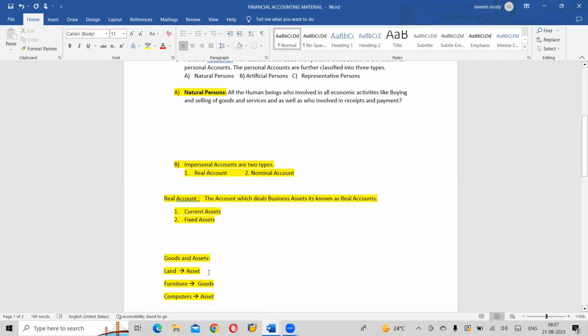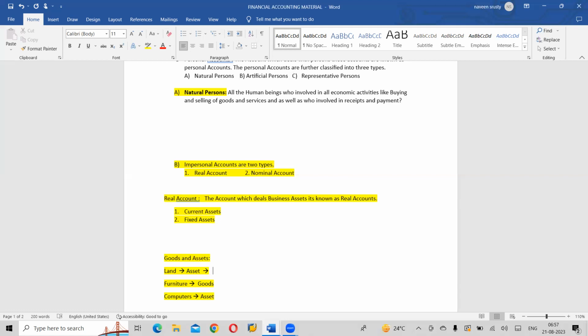Same thing if I take real estate. My business, I'm a realtor, nothing but real estate business I'm having. I'll purchase the lands and I'll sell the lands. Then for a real estate owner, what will land become? Is it an asset or good? Goods. Right. The realtor's business is, he won't keep it with him.